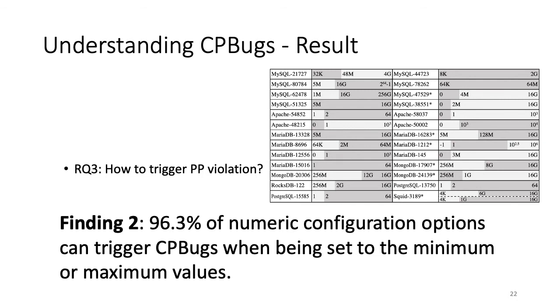But for numeric options, to obtain the values that can trigger CP bugs, we try to reproduce the related CP bugs with many values and get the result. Interestingly, we find that setting the vast majority of numeric options to their min or max values can trigger the CP bug. This finding implies that we can start testing values from the min and from the max.